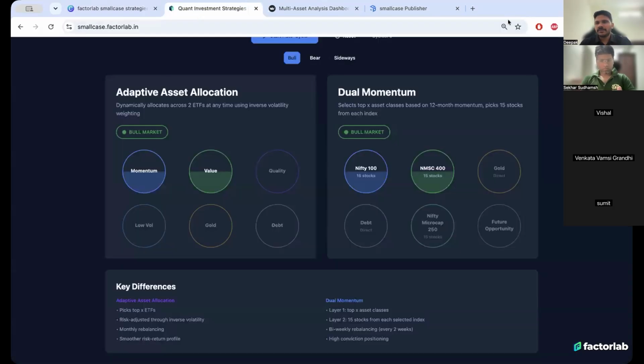One is called adaptive asset allocation, the other is called dual momentum strategy. Adaptive asset allocation is an ETF play. It rotates between factor based indices and gold and debt, be it momentum, value, quality, low vol, gold and debt.